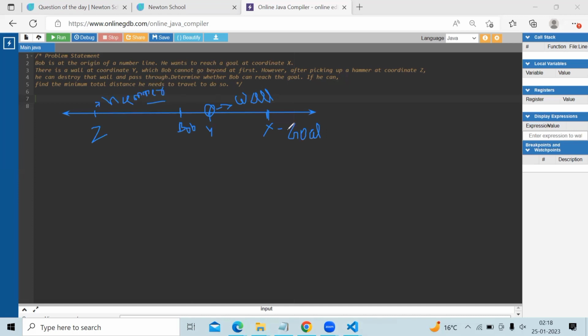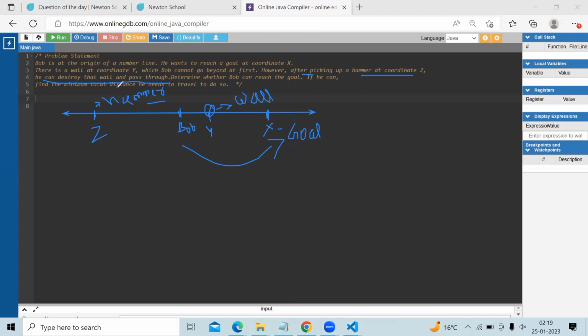This is the hammer. So in this scenario, we have to check whether Bob can reach the goal or not. Here you can see that at the y coordinate there is a wall present, so Bob cannot reach the goal directly. So what we can do is go to the z coordinate. After picking up a hammer at coordinate z, he can destroy that wall.